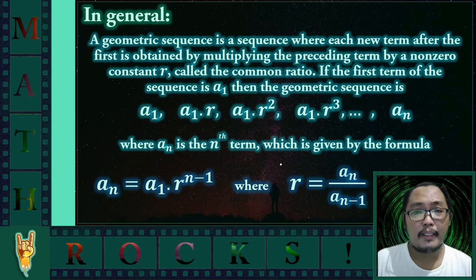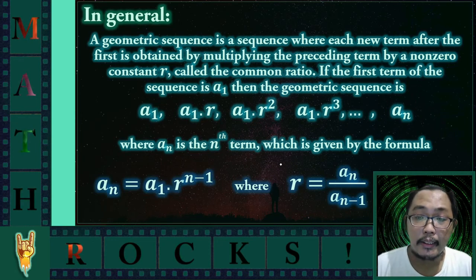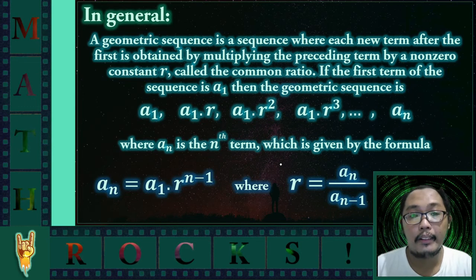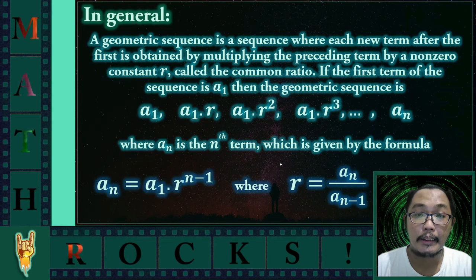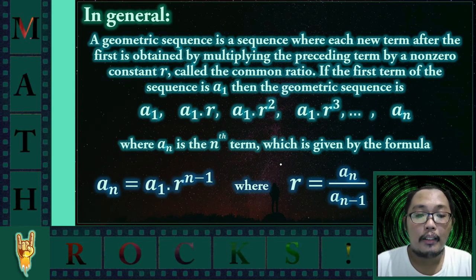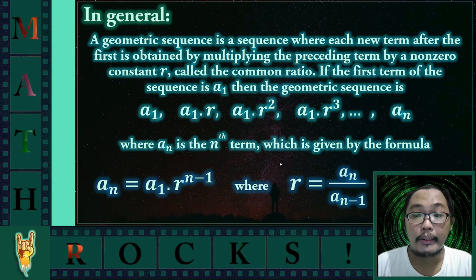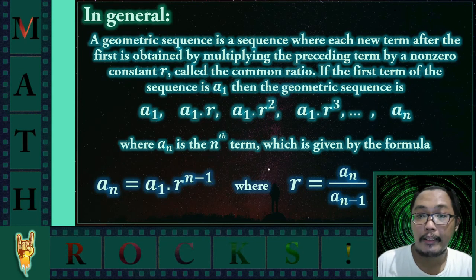So let us speak of this in general. A geometric sequence is a sequence where each new term after the first is obtained by multiplying the preceding term by a non-zero constant, which is r. This is usually called the common ratio. If the first term of the sequence is a sub 1, then the geometric sequence is given by the following.